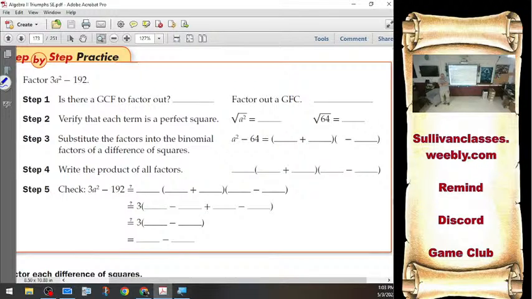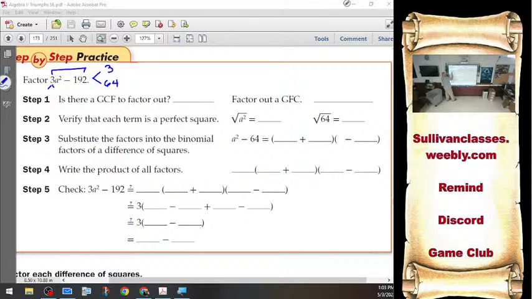No. But if I combine my skills, is there a greatest common factor between these two? Oh yeah, it all comes back together. Break up 192. 192 is who times what? 3 times 64.